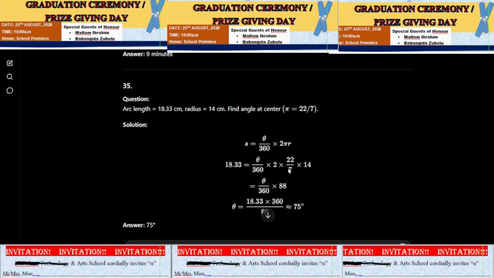You know that this 7 can go into 14 how many times? 2 times. So from there we have 22. After that, we are going to do some multiplication and some division.